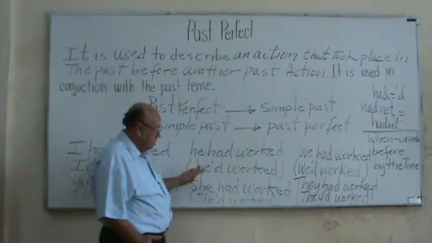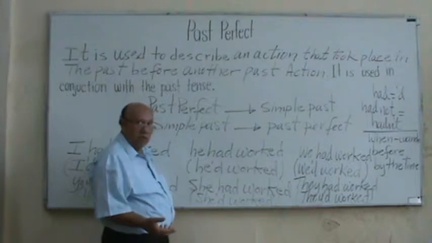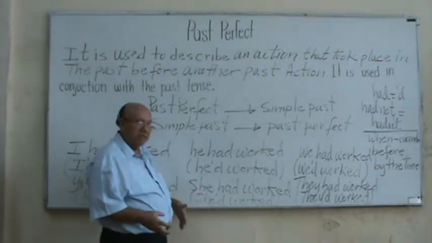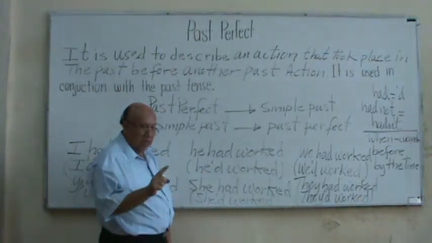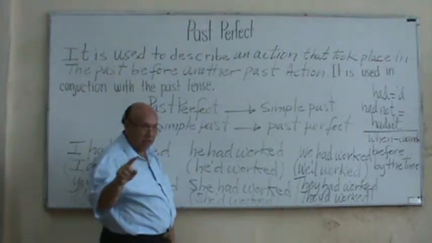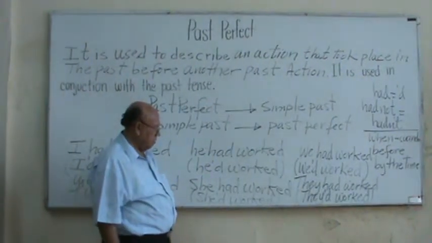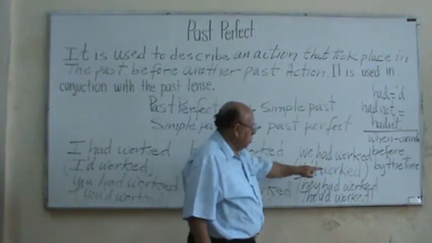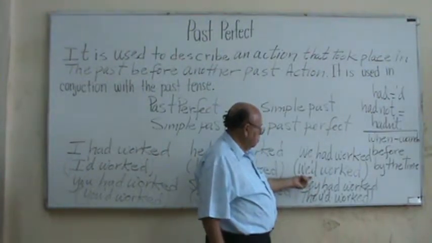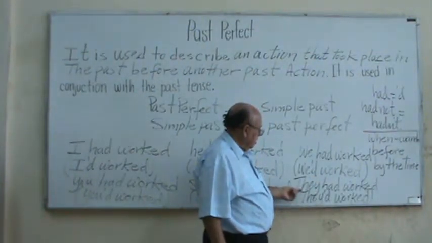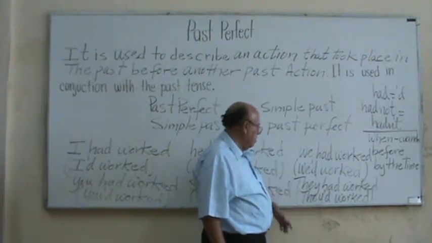El it, que aquí no está, it had worked, había trabajado, y la contracción es it'd worked. Había trabajado. We had worked. Habíamos trabajado. They had worked. Ellos habían trabajado.